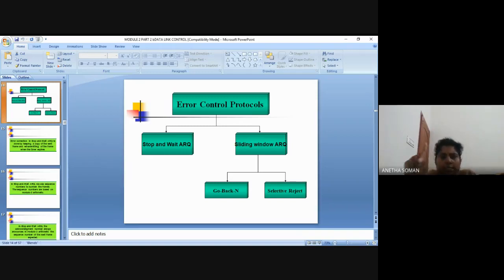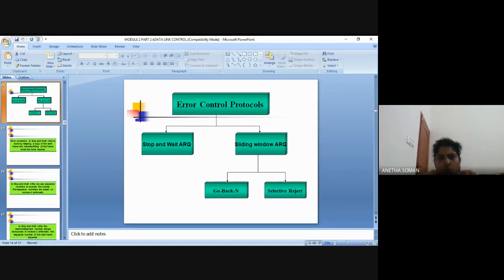I told you it is a mixing of stop and wait flow control with an additional ARQ mechanism. ARQ means retransmission of data takes place. That is, whenever a frame is lost or damaged, you should be able to send it again. That is called ARQ.